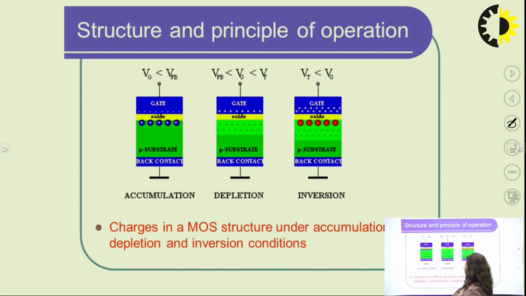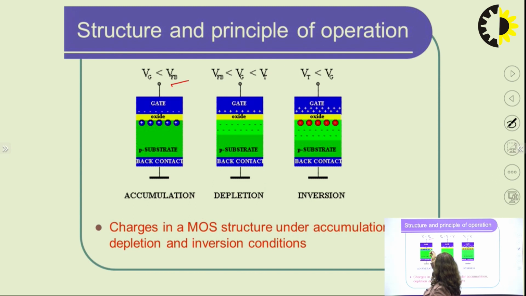In the first case, the gate voltage is less than the forward biased voltage, that is, whatever external battery you are applying is more than the gate voltage. We have the same back contact here, a P type substrate, gate, and semiconductor oxide layer, and obviously the P type substrate has a large number of holes.